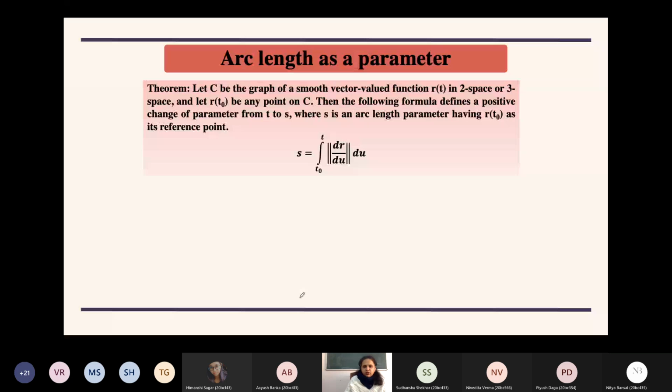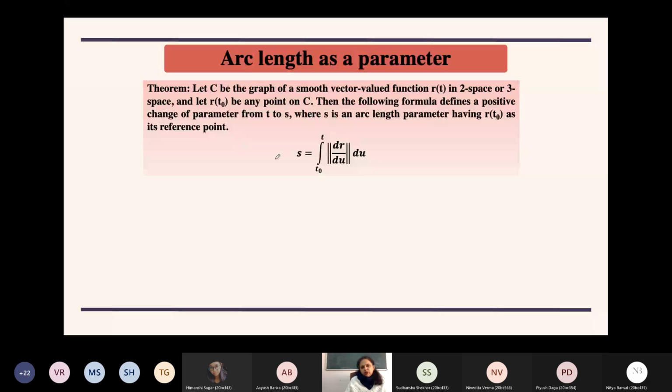So now firstly, we will see the relationship, how to replace this T parameter with S. For that, suppose we have a vector valued function r(t), and let r(t0) be any point. This is the reference point which we'll be using. So S is the arc length parameter having r(t0) as the reference point.